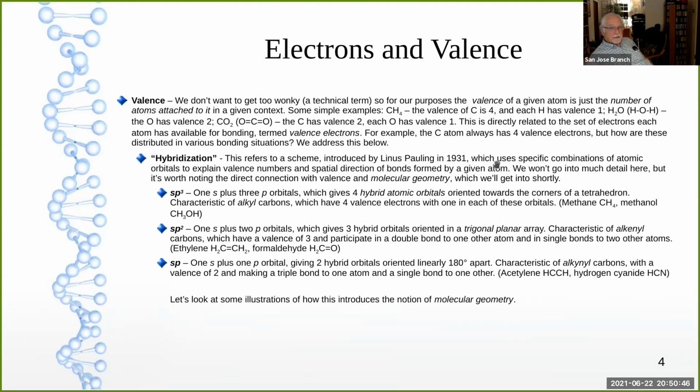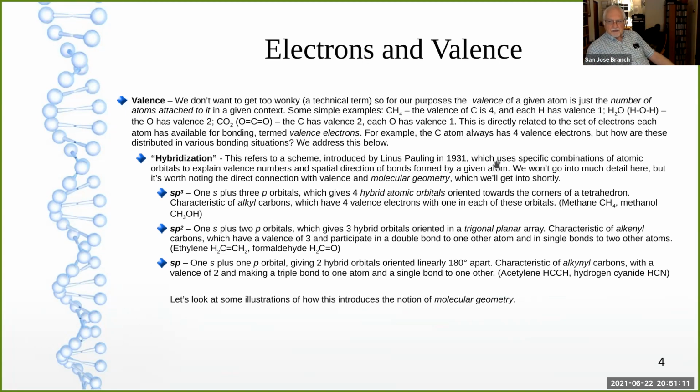Electrons and valence. Not to get too wonky about the definition of valence, because there are a few different things that people mean when they say valence in terms of bonding. We don't want to get too complicated. We want to keep it simple.